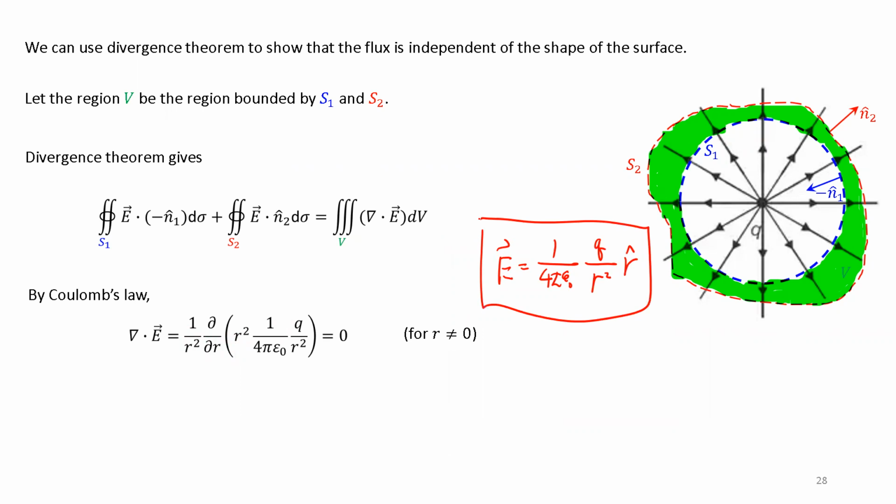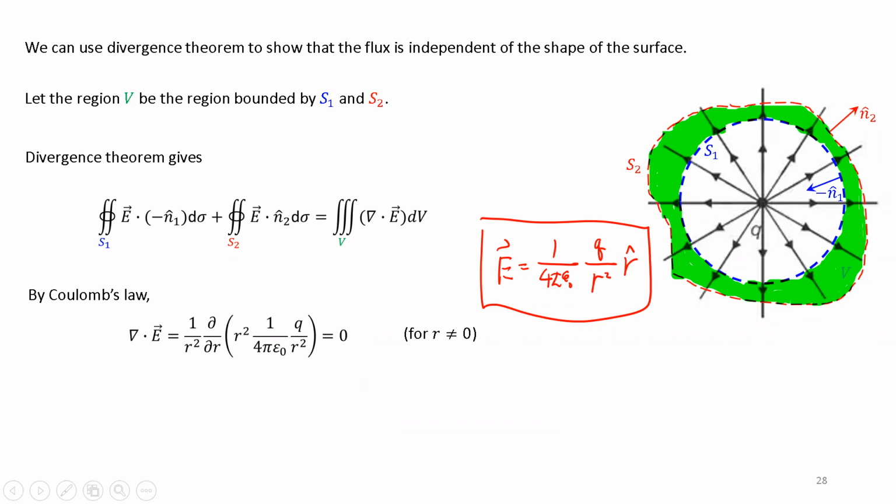Coulomb's law, spherical coordinates. Apply the formula for divergence, and you will find that the divergence of E is actually 0, for r at any point that is not at the origin, because you can see this 1 over r squared. But we are safe.